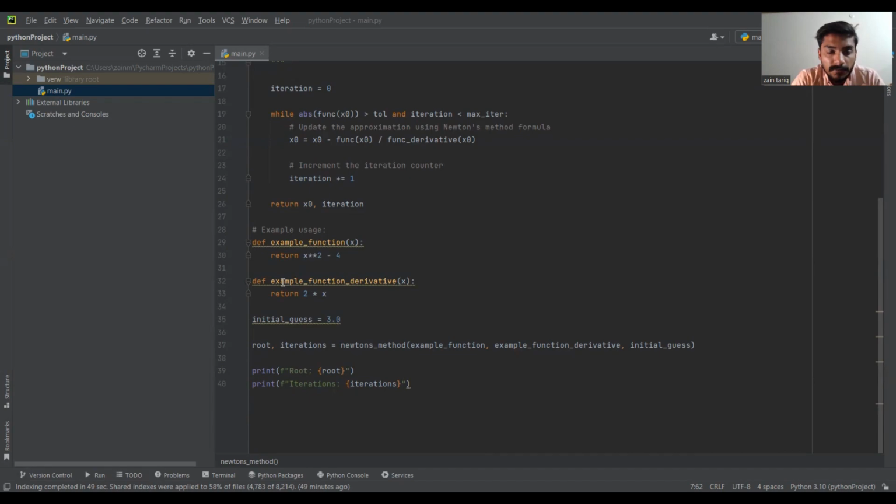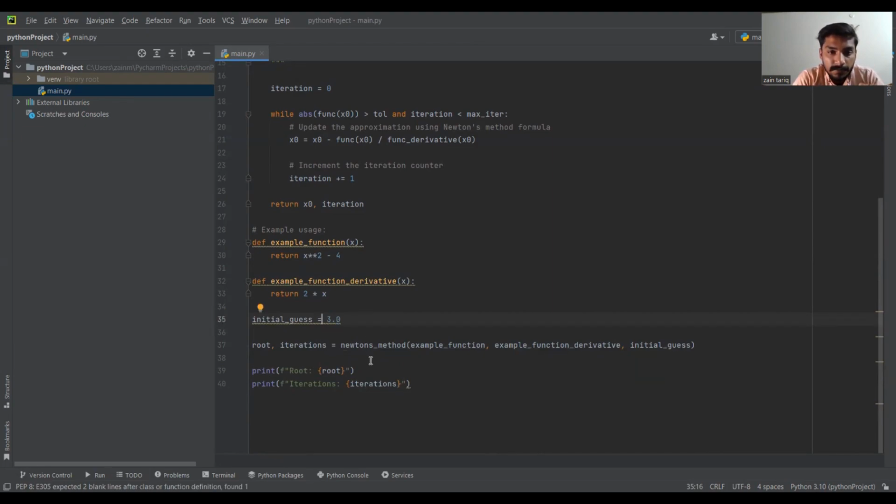The second function that I have defined is example_function_derivative, which will be taking the derivative of the above formula, which is 2x. The initial guess that I will be taking over here is 3, and in the end, the root and iterations will be equal to the Newton method called with the example function and the example function derivative, and these two functions work together to find the root.